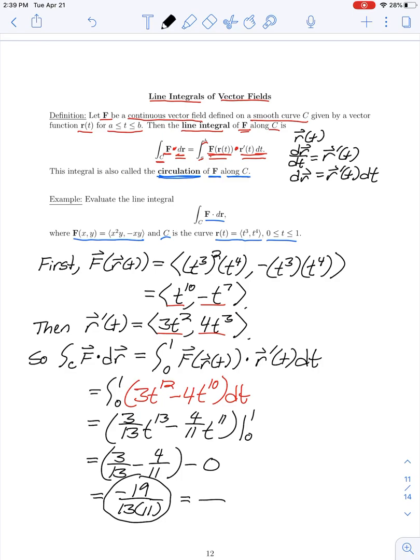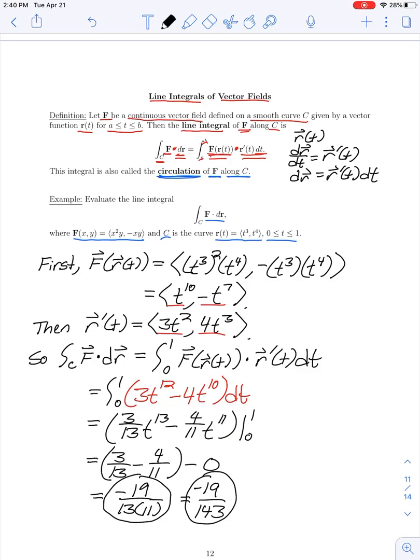So let's see, what is that? 143, and negative 19/143, I believe. So this would be the line integral of that vector field evaluated over that curve C, whose vector function is given. So let's think about what exactly we're doing here.